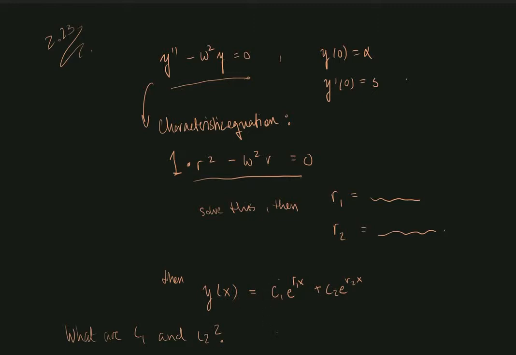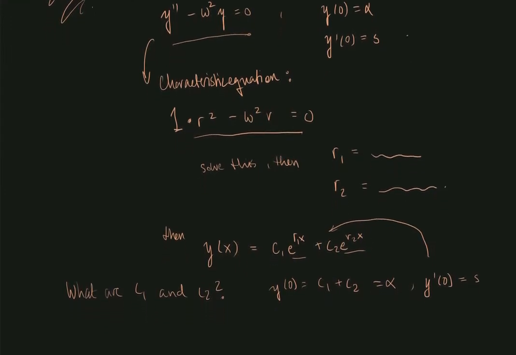Well, I can calculate those based on the fact that y of 0, which here is equal to c1 plus c2, because if I put 0 in the exponent, these just become 1, is equal to alpha. And also that y prime of 0 is equal to s. I can get y prime of 0 by differentiating this once with respect to x and then plugging 0 in, and I know that value has to be s. Based on these two equations, I can isolate c1 and c2 and replace them back into here, and then I will be able to find the exact solution in A.